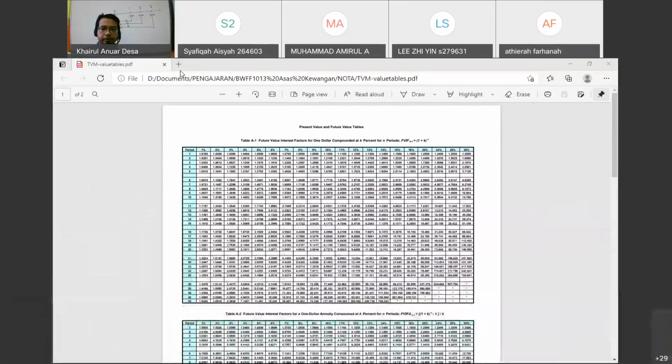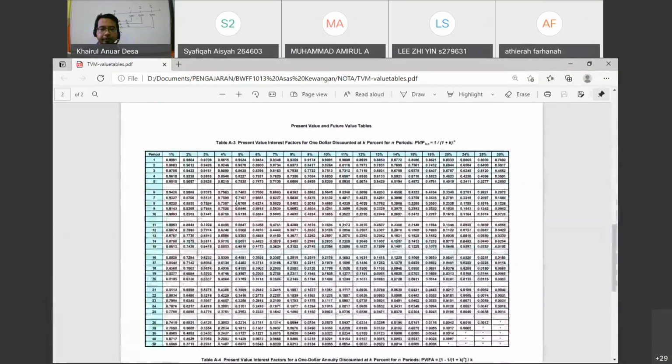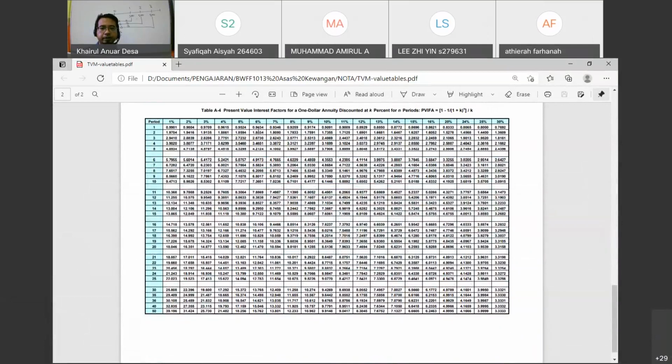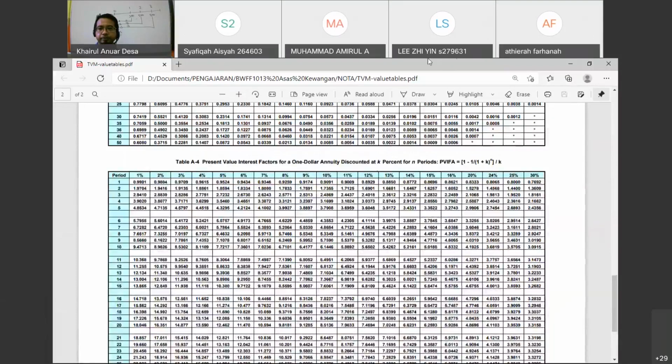Okay, ini adalah table present value annuity. Nampak sini? Present value annuity.